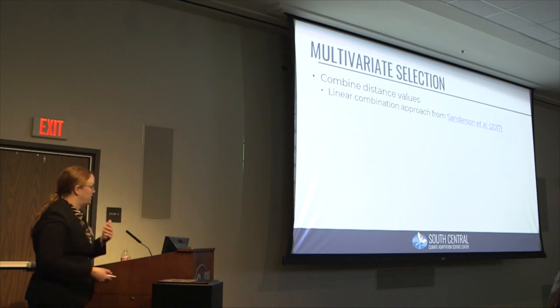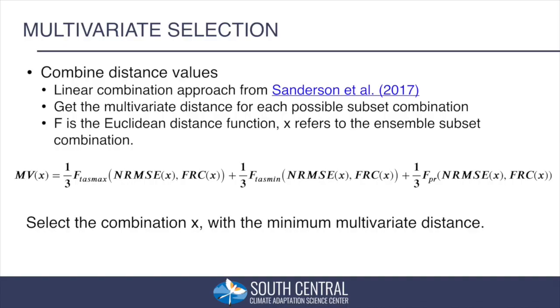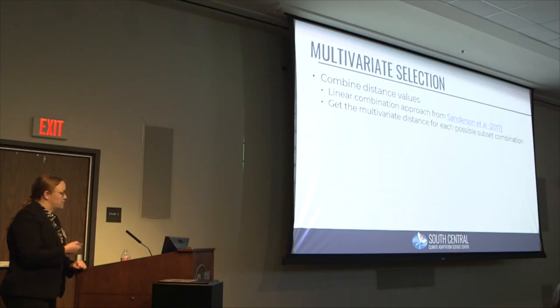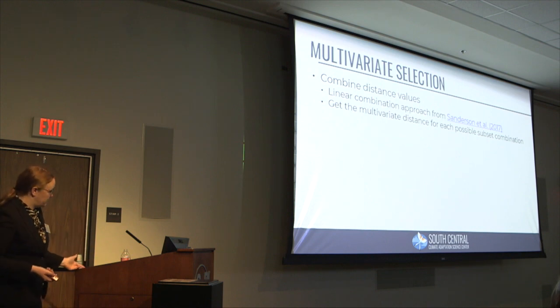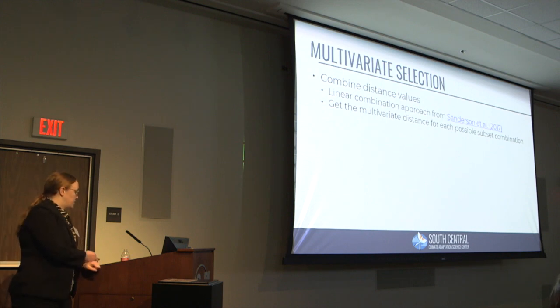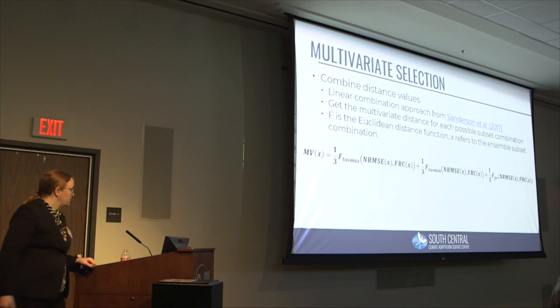So we employed the same scheme here to combine those Euclidean distance values for every variable to get a final multivariate Euclidean distance for every ensemble subset that we could possibly use. So we get the multivariate distance this way for each possible subset combination.